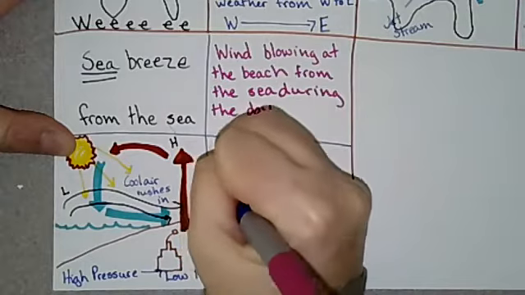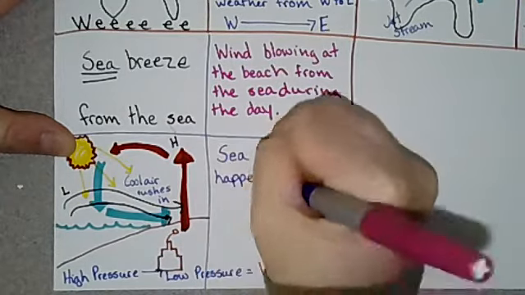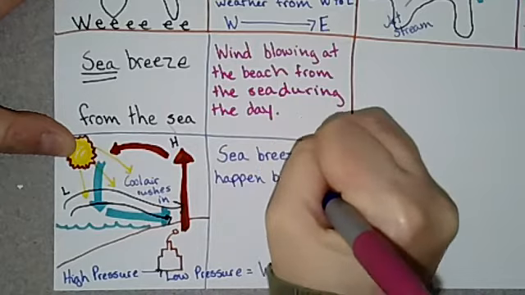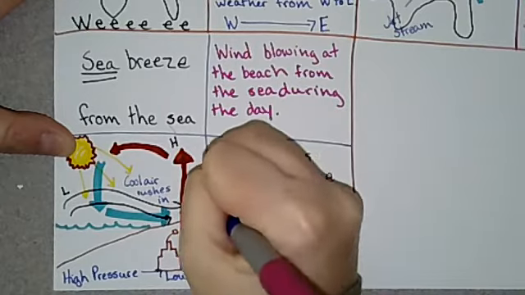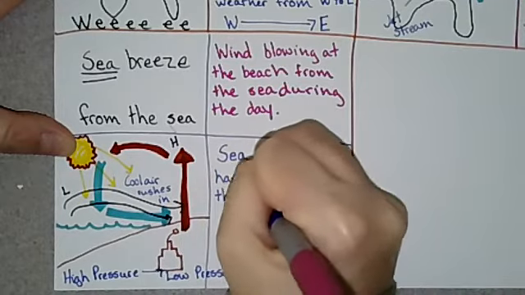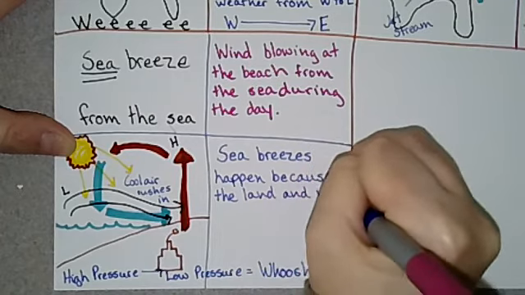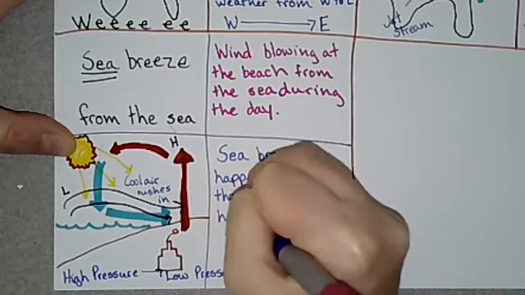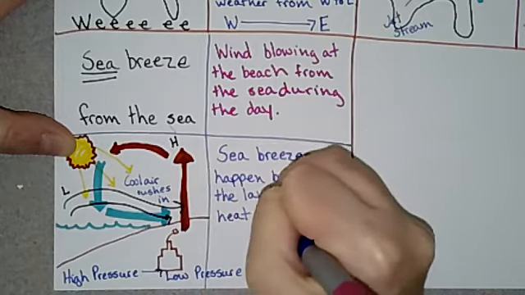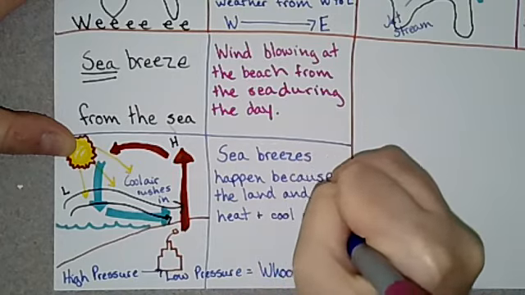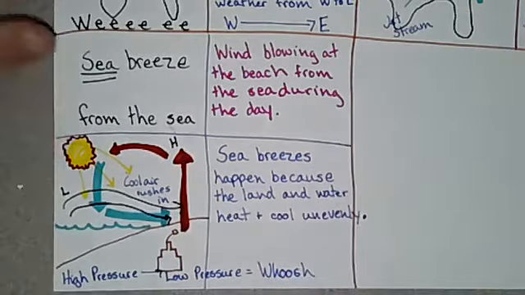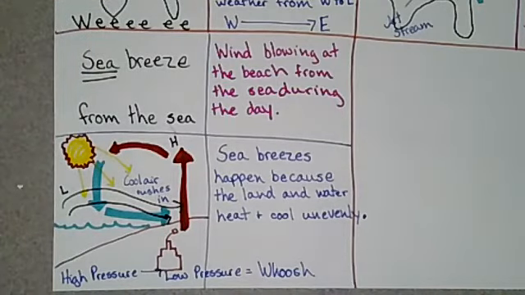Sea breezes happen because the land and water heat and cool unevenly. The land does both of those faster. Land heats up faster and land cools off faster. They heat and cool unevenly.